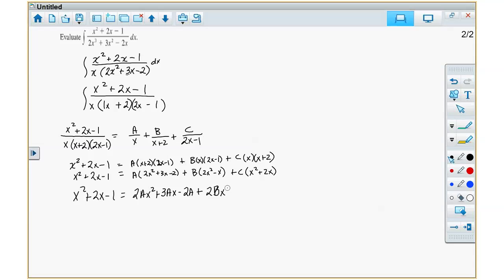Yeah, you could do x is equal to -2, x is equal to 0, and x is equal to 1/2. Write those three down. Y'all check me.